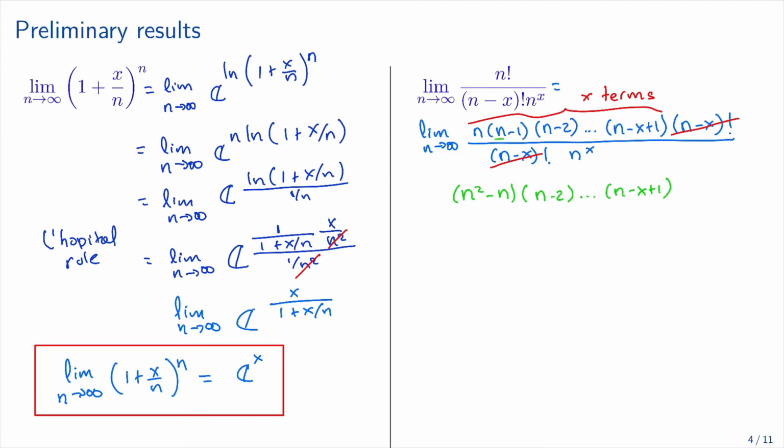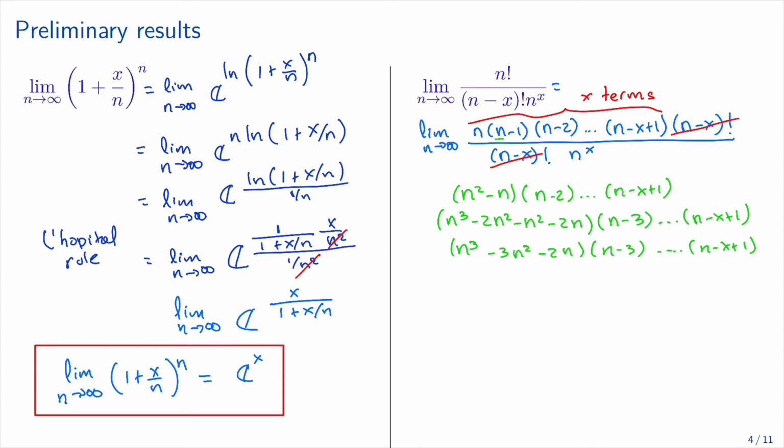If I multiply those two terms, I have n cubed minus 2n squared minus n squared minus 2n, and then that multiplied by the following term, n minus 3 up to n minus x plus 1. So now the first term, n cubed minus 3n squared minus 2n, is order 3. Now multiply by n minus 3 up to n minus x plus 1. If I keep doing this, the result in this case will be a fourth order polynomial.